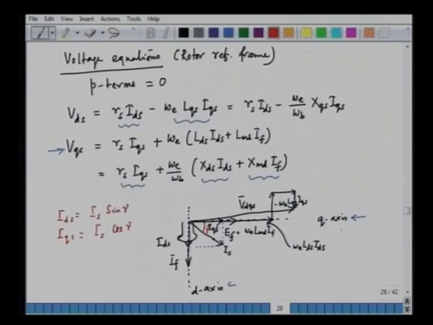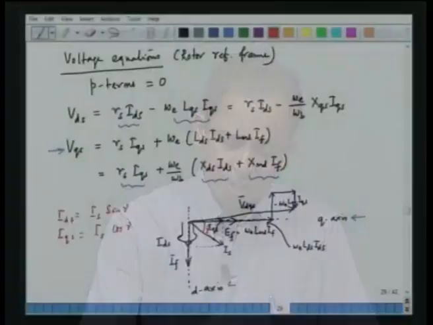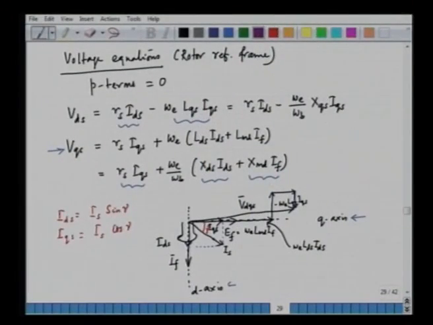Gamma is the angle between the stator current phasor IS and the q axis which we have shown here. Now, the purpose of this analysis is that we can find out the power factor here. The power factor is the angle between applied voltage phasor and the current phasor. So, this is the power factor angle. So, we can say that this angle between the VDQS and IS is equal to theta.